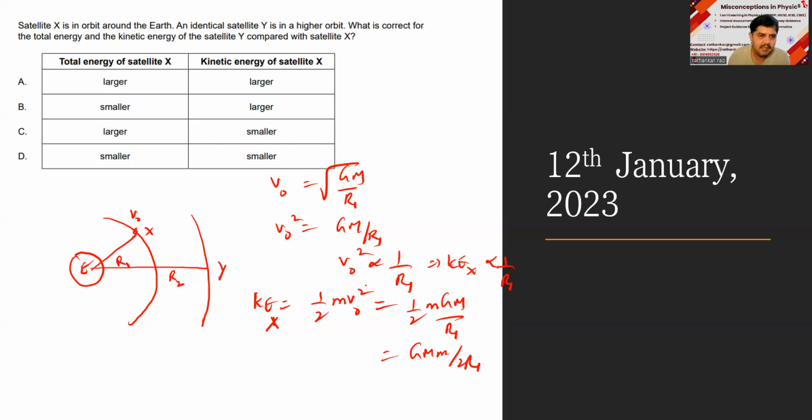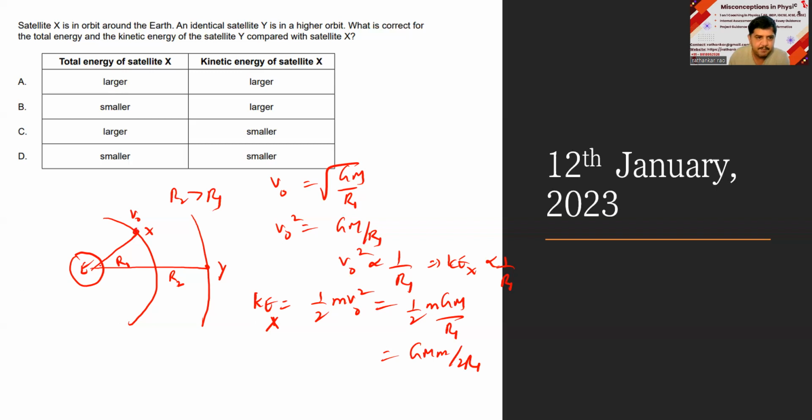Okay, in a similar way, if you take up the total energy, now you see the particle is at this point. It has a larger kinetic energy. One is a lower orbit. Now when it goes to this point, let us consider this satellite. R2 is greater than R1. See, this distance is larger than this one. So what will happen to kinetic energy? Will it increase or decrease?